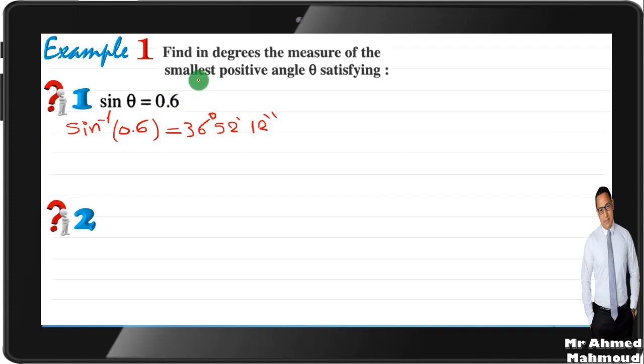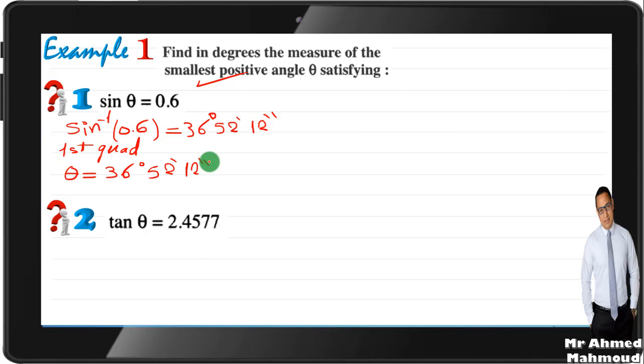But because he asked me to find the smallest positive angle, I'm going to use the smaller angle, which belongs to the first quadrant. So in the first quadrant, theta equals 36 degrees 52 minutes and 12 seconds.